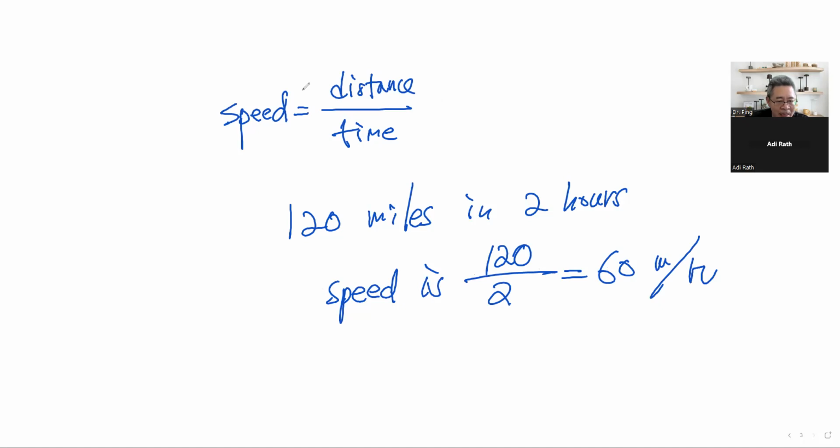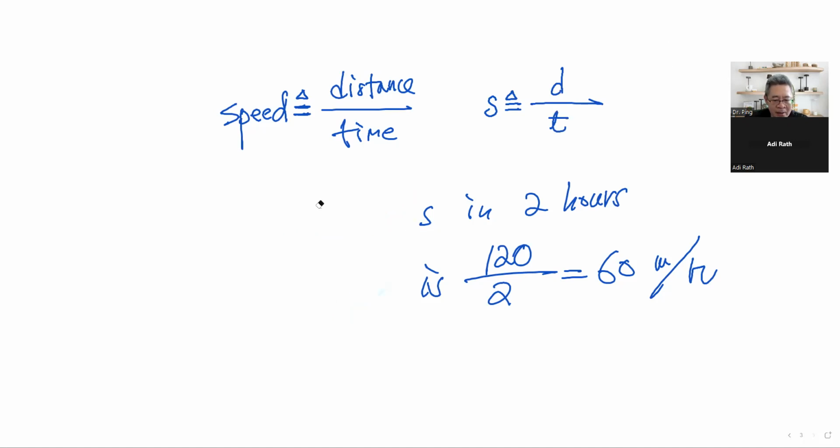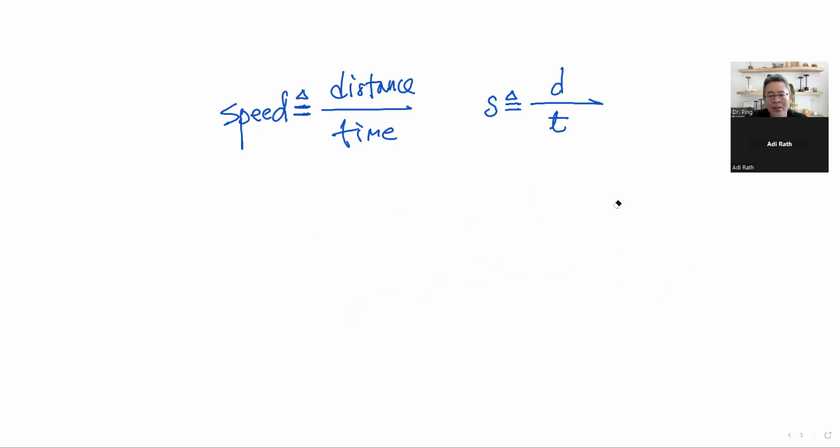So now, this is actually a definition. In the old days, we just used a triangle for this. We can rewrite it to make things a little easier. Use S for speed, D for distance, and T for time.